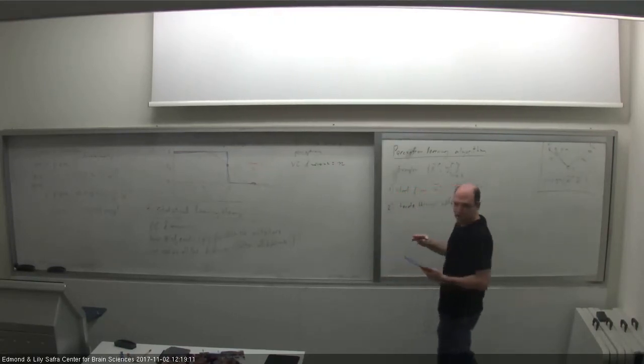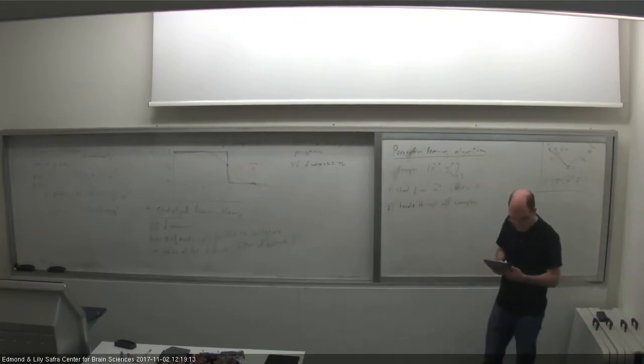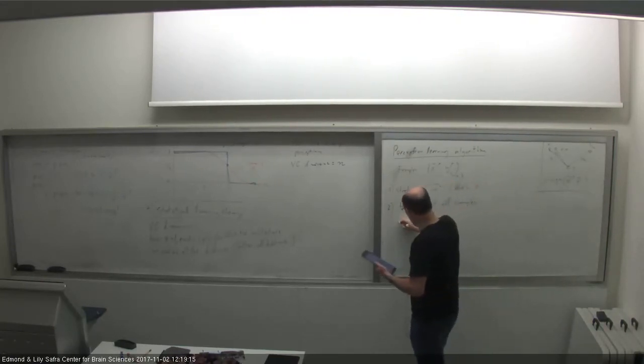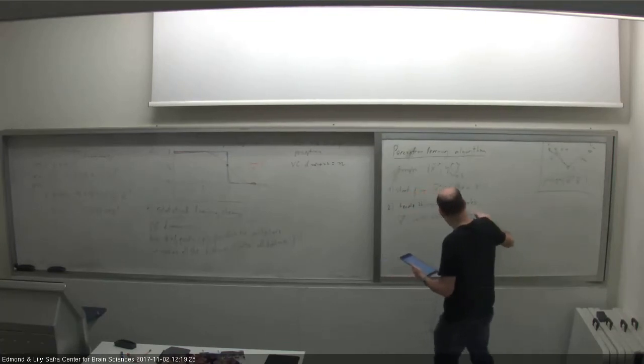And in each iteration, we may update our weights. And so let's call WT the weights after seeing T examples.